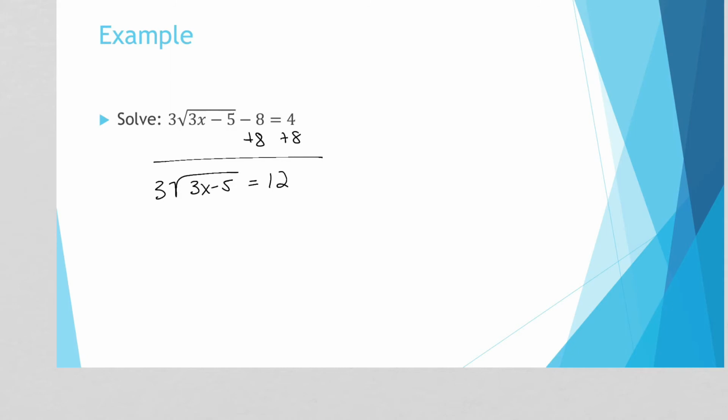You can go ahead and divide both sides by 3. That would work, or you can do it this way. But when you do that, you have to remember that this 3 is also being squared. So 3 to the second power is 9, and we are multiplying it times what's inside the radical.